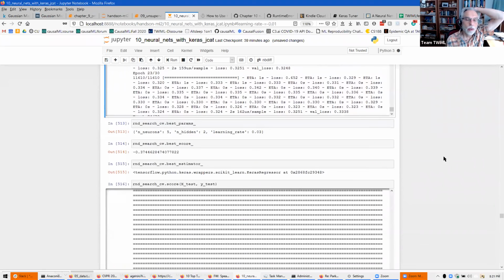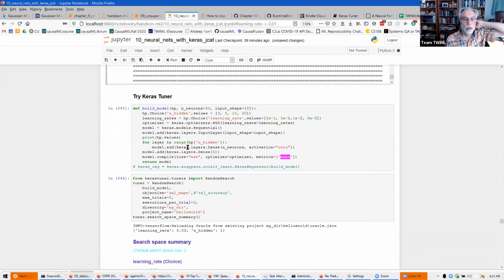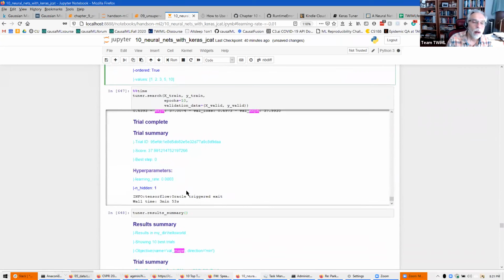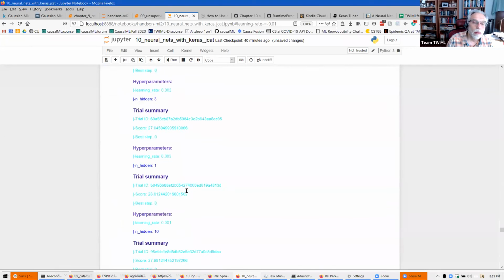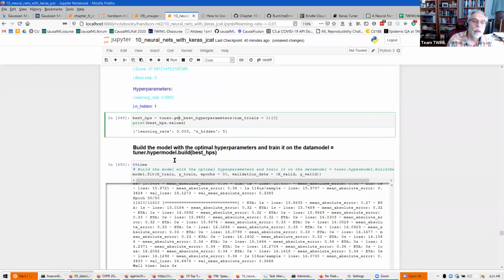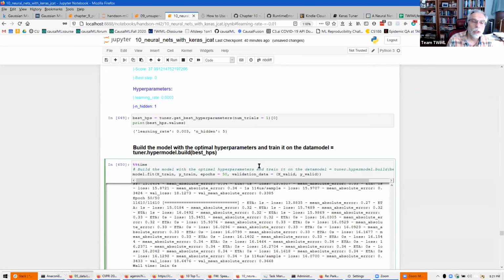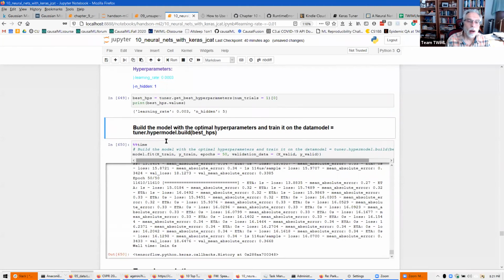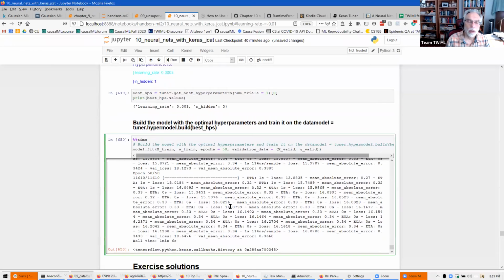Anyway, back to the Keras Tuner, this shows the syntax that you would use to do a call to it. Once you get the best parameters, like we had here for that particular run, then you can build a model with the best parameters and train it. That's what I did here.